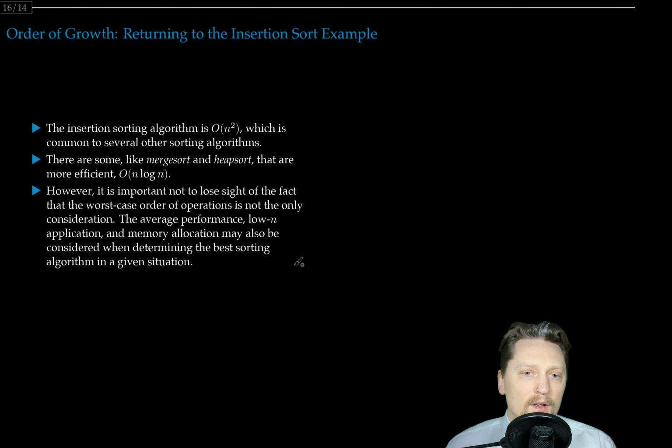However, it is important not to lose sight of the fact that the worst case order of operations is not the only consideration. The average performance, low n application, and memory allocation may also be considered when determining the best sorting algorithm in a given situation. Some algorithms are more efficient for low n than they are for high n, so you might choose an algorithm based on the number of elements you're sorting.